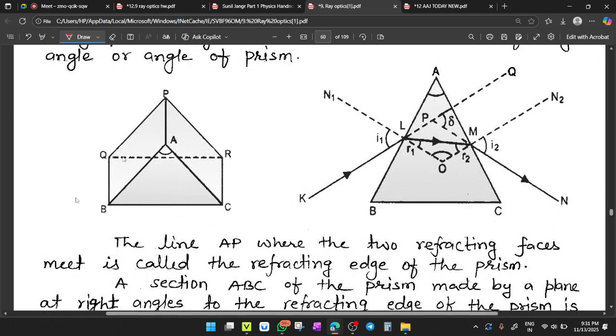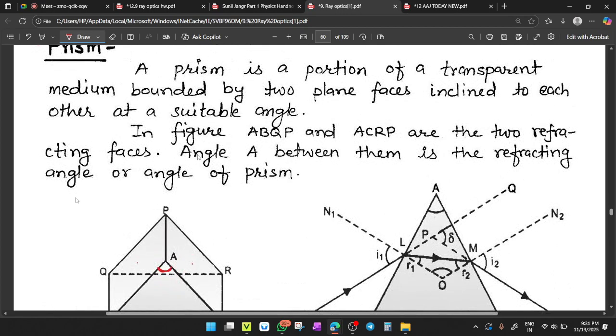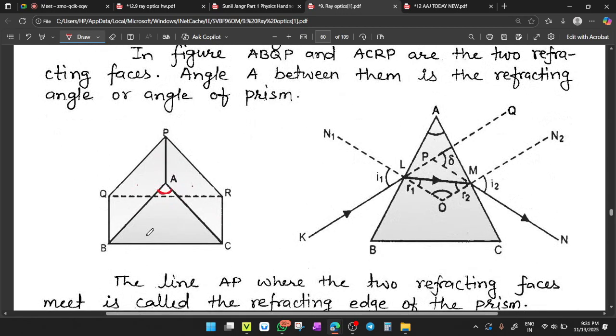See here the three rectangular faces. One is at the base, and the two rectangular faces are bent at some angle, that is called the angle of prism. In the figure, ABPQ and ACRP, check here: ABPQ is the first face, and ACRP is the second face. These are the two refracting faces, called refracting faces because the light is incident here.